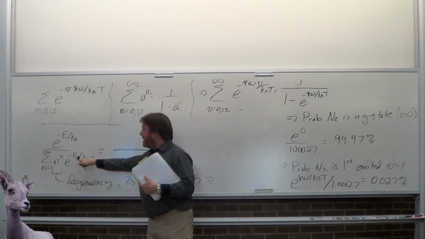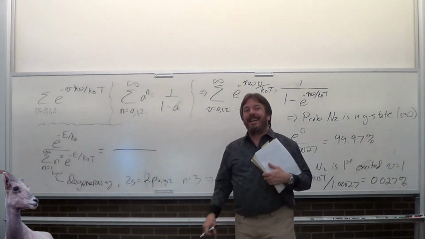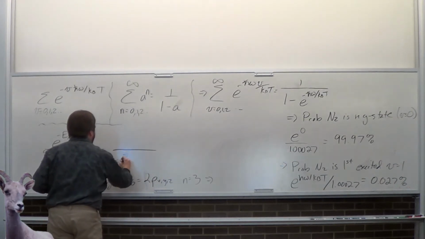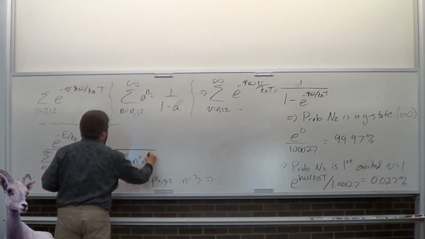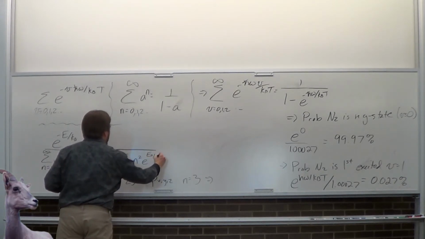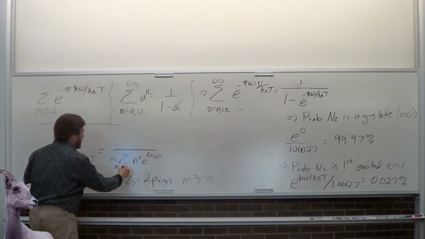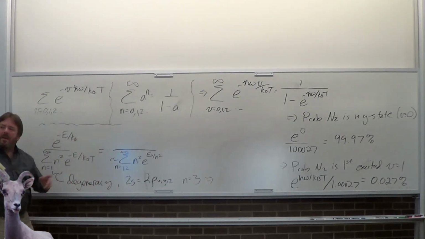The energy is negative already, which is a bit of a problem. It's E0 over n squared. So forget all the kB's and all the constants. Notice a couple things.